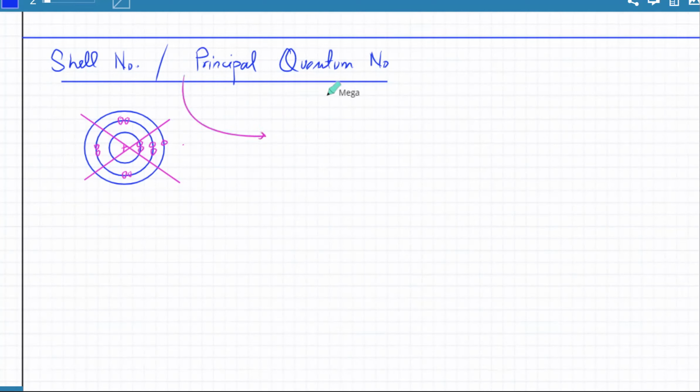So this thing represents the energy level of the electron. So there's no physical manifestation. It's no physical thing.